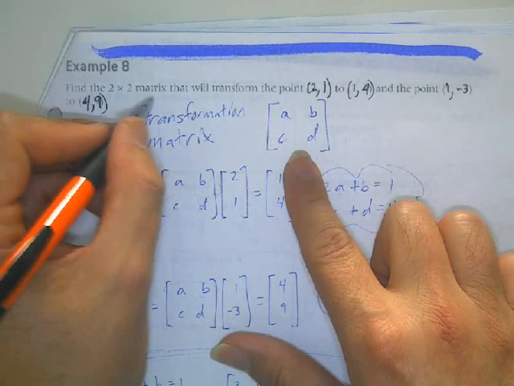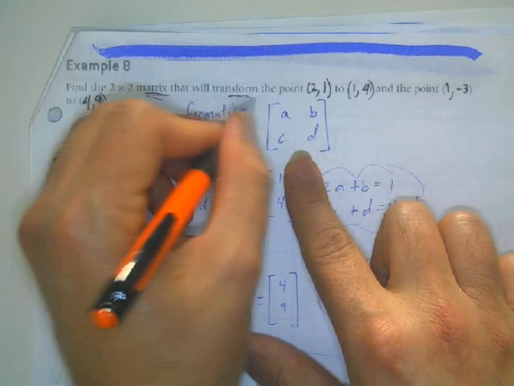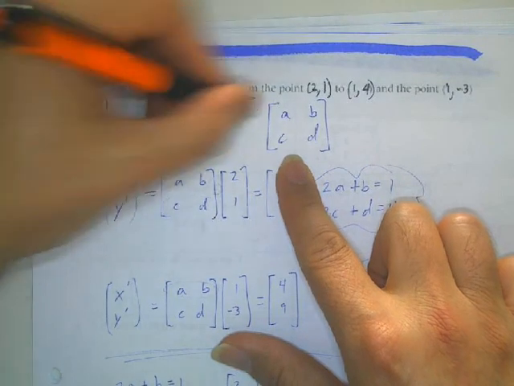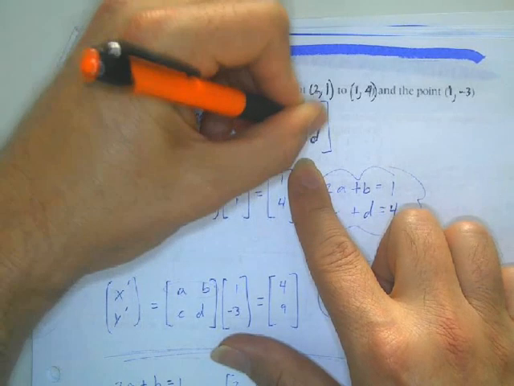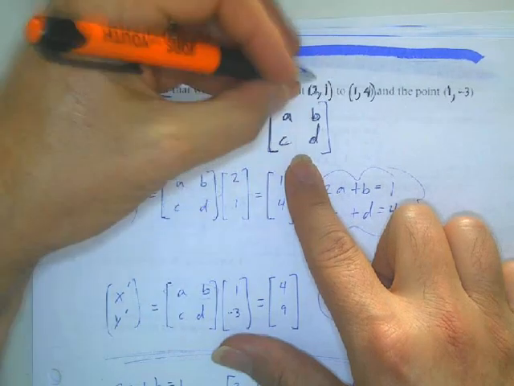We want to find the matrix that will transform this. So I'm going to call my transformation matrix A, B, C, D. I don't know what the values of A, B, C, D are.